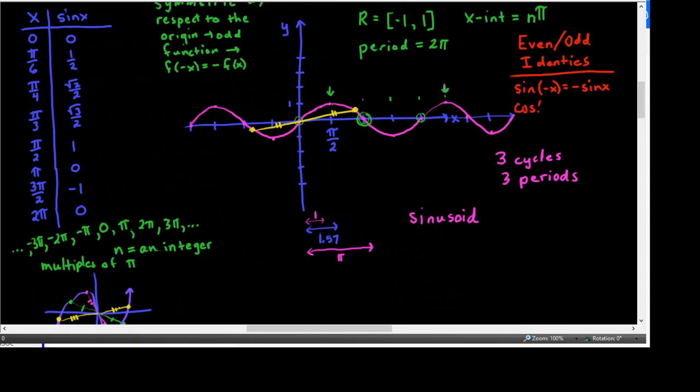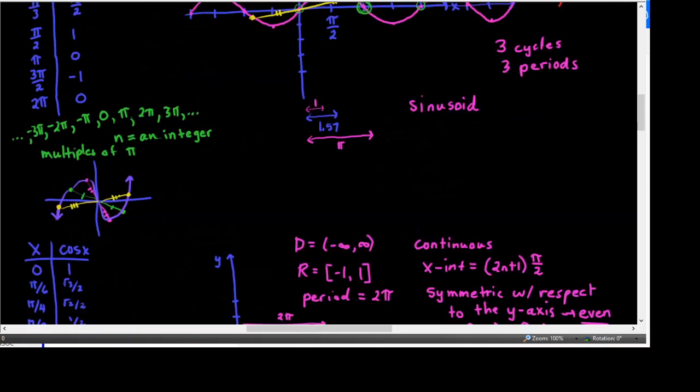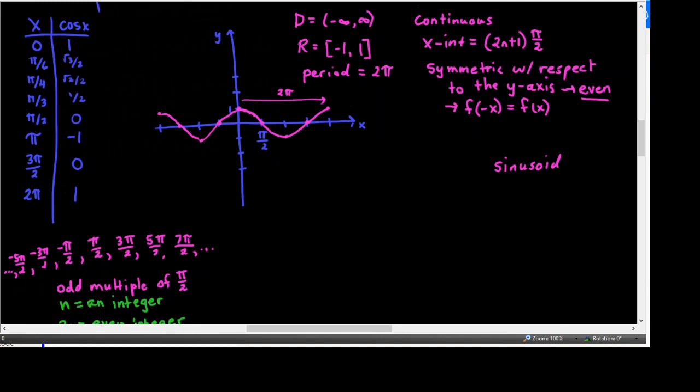The cosine of negative x will give us back the original cosine of x, meaning it's even, meaning its graph is symmetric with respect to the y-axis. I think this one may be easier for you to understand.